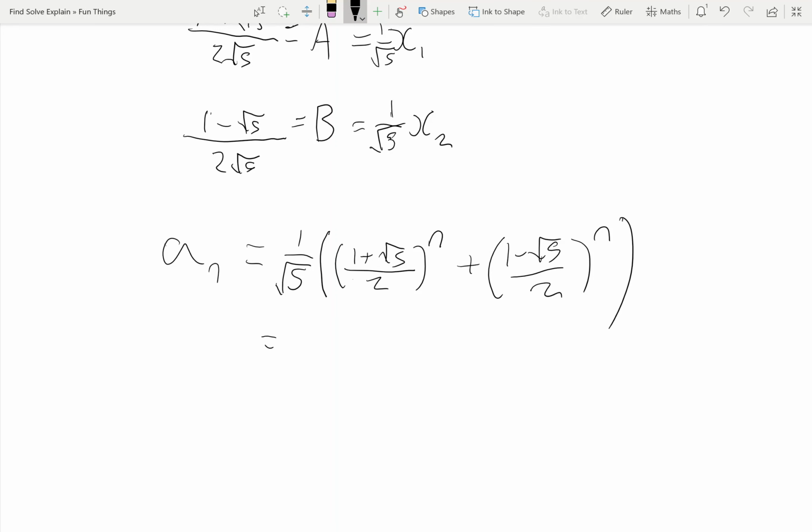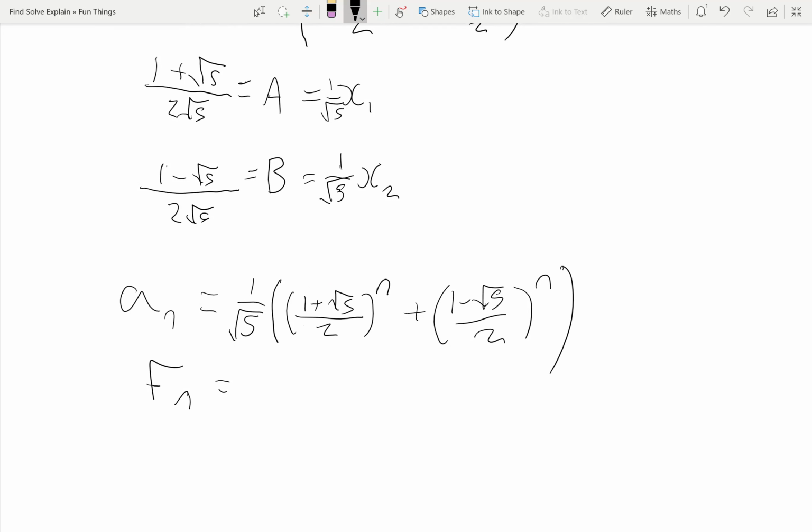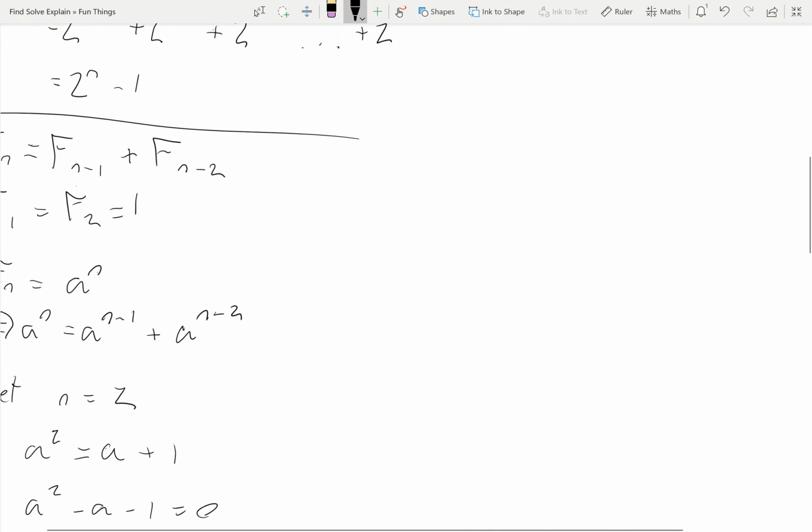And this, of course, is equal to f of n. And so, yeah, that's the nth term of the Fibonacci sequence using this method.